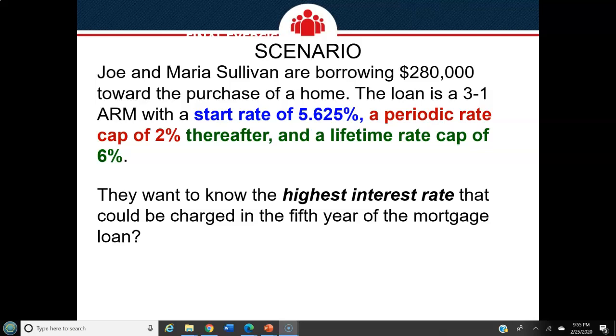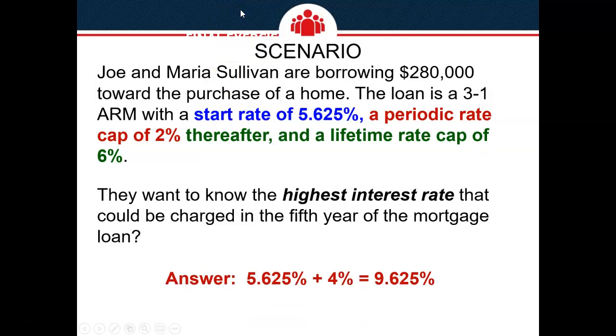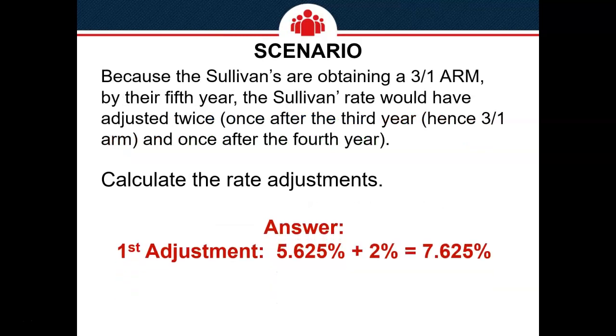So let's analyze this. It's a 3-1 ARM, so it's fixed for 3 years. Then it adjusts every year thereafter. The highest that they would be able to be charged is 9.625%. Remember, it has a start rate of 5.625%. It will increase each year after the first 3 years, and they want to know for the 5th year. So that means it's going to increase 2 times.